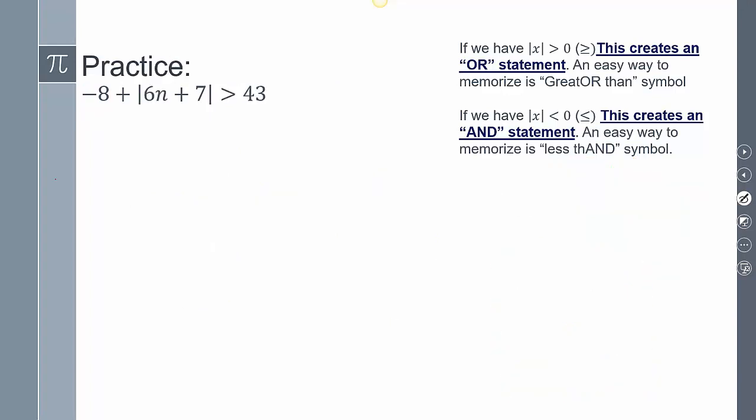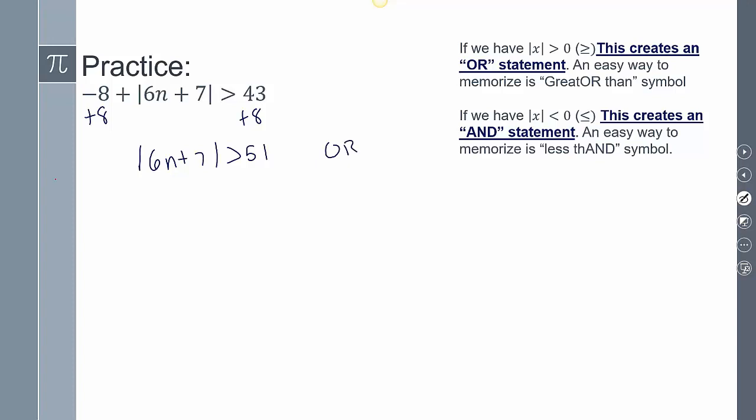Now looking at this one, I'm going to add 8 to both sides. The absolute value of 6n plus 7 is going to be greater than 51. For this, I know it's going to be an OR statement.